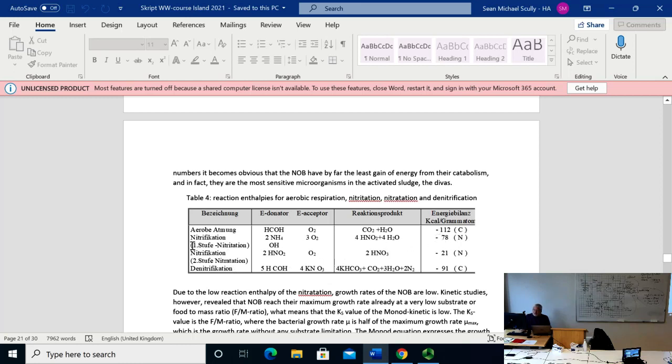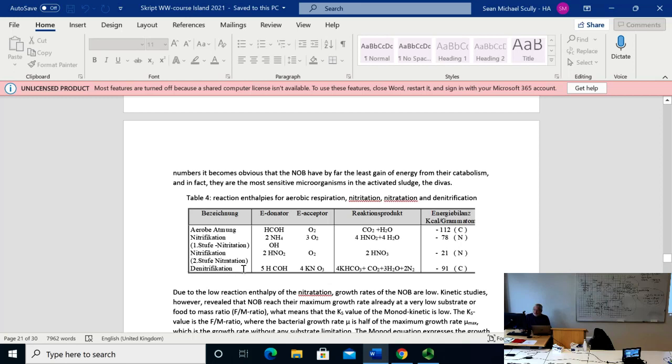But the second step of the nitrification, the nitratation, with 21 kilocalories per gram atom is by far less. So these are the most sensitive microorganisms we have, the Nitrobacter and whatever is of that kind.